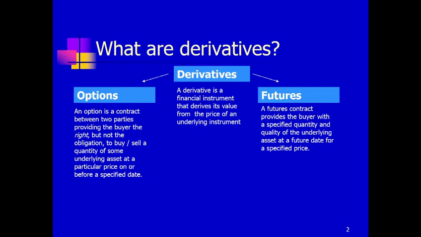There is in fact only one major difference between options and futures. Can someone tell me what that is? Sorry? Yes, very good. There is, at the end of the day, no difference. Fundamentally, of course there are small differences, but fundamentally there is only one major difference between a futures contract and an options contract.